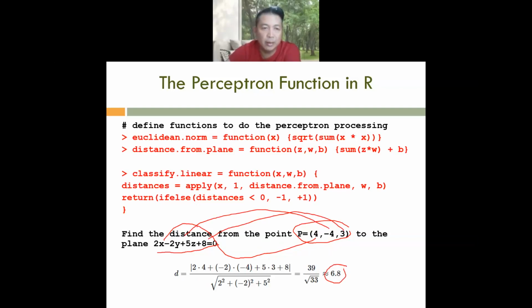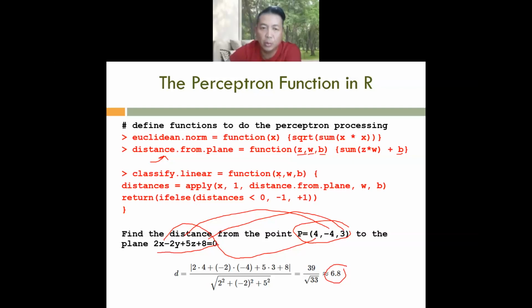For example, this is the function that we define, the Euclidean distance. We use this function to measure the distance to the plane. This is your b, and this is your w. So we define the function distance from the plane.